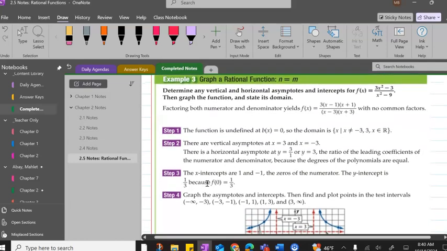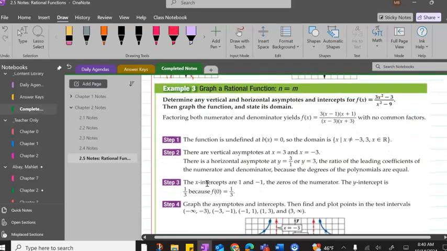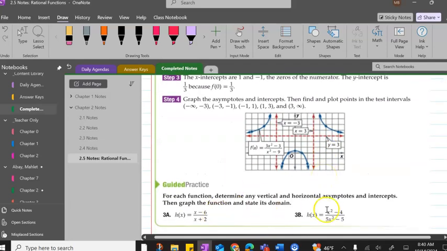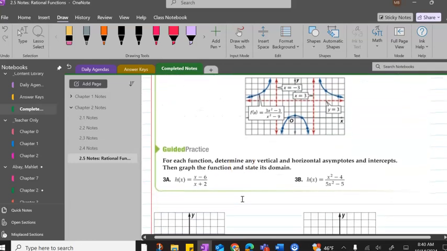So, all right, going back to our examples in the notes here, graphing a rational function where n equals m. Here are leading coefficients. Degrees are equal, so the leading coefficients are the asymptotes. And this gives you just another example.